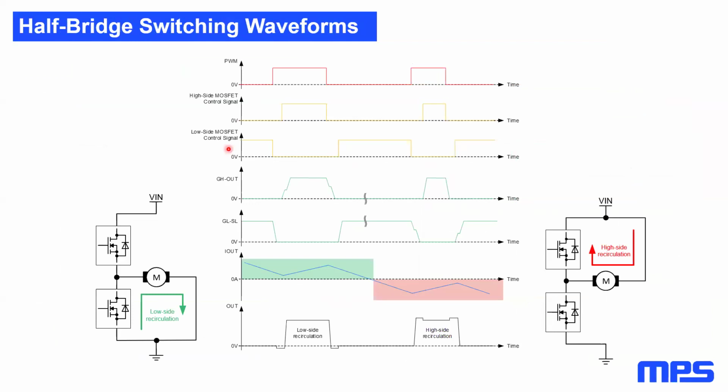Because not every motor driver has the built-in infrastructure for doing current sensing on the high side or on the low side. So depending on the architecture of the motor driver and how it is capable of sensing the current, I think that would probably be the most influencing parameter on selecting high side versus low side recirculation.